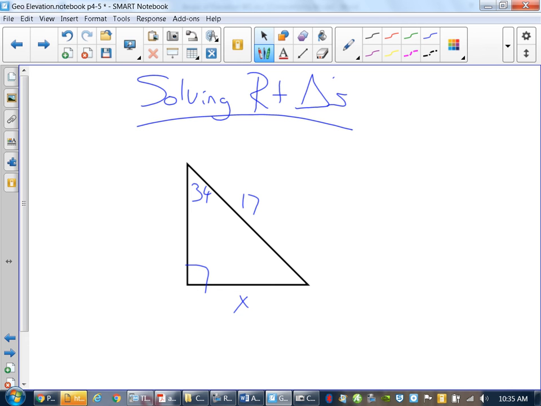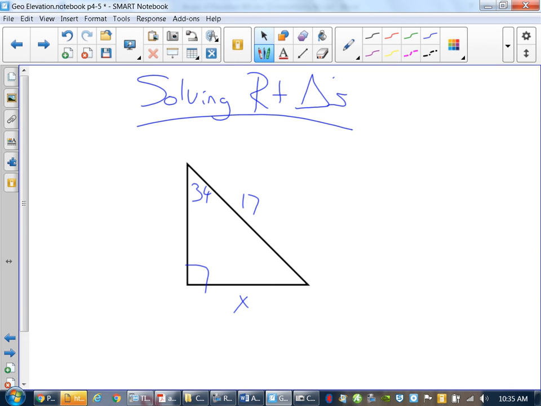So what that means is that you can have one of two scenarios. You could be given 2 sides. You could be given 1 side and 1 angle. Now I want you to think here. If you have 2 sides of a right triangle, how many more sides would you have to find? 1. If you have 2 sides of a right triangle, you have to find the third.